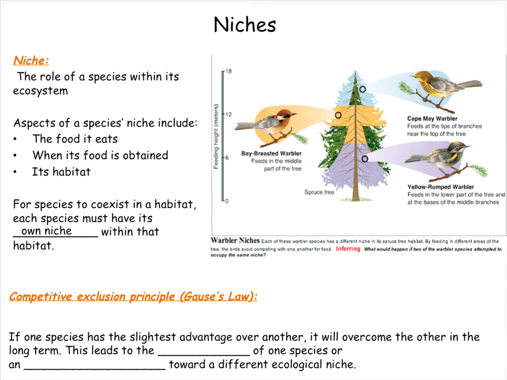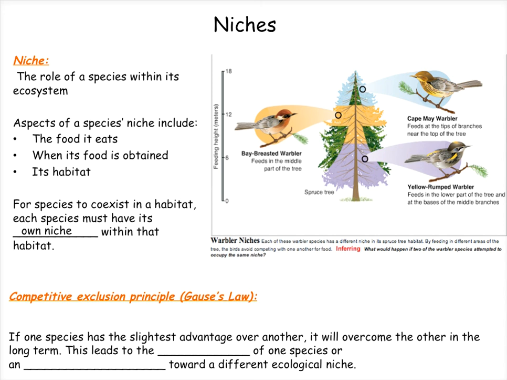So, for example, the niche occupied by the Cape May warbler, shown in the picture in the top right, might be treetop dweller that feeds on insects during the daytime. In order for the bay-breasted warbler, shown in the middle, to coexist with the Cape May warbler, it must carve out its own niche, which it accomplishes by hunting insects in the middle areas of the trees instead of at the tree tops in the Cape May warbler's niche.